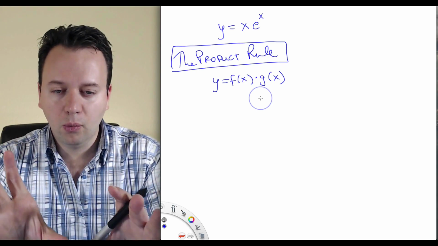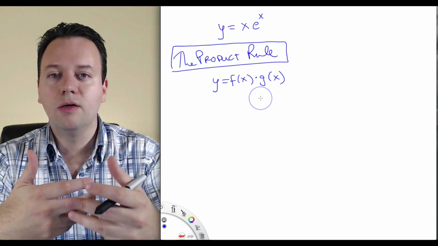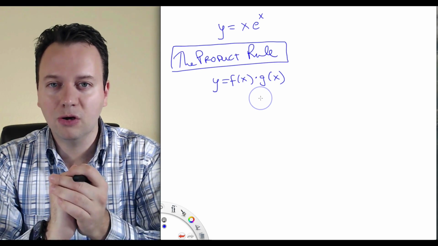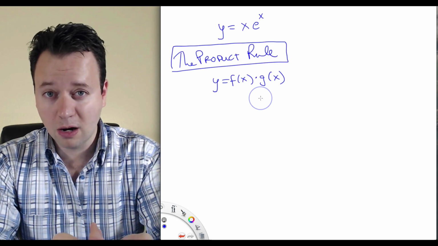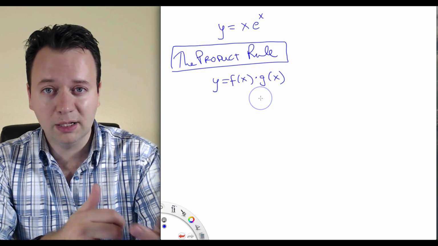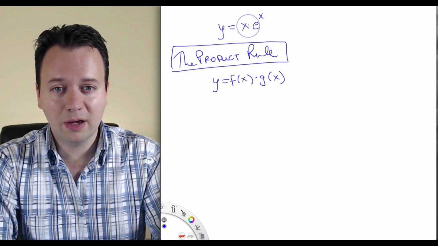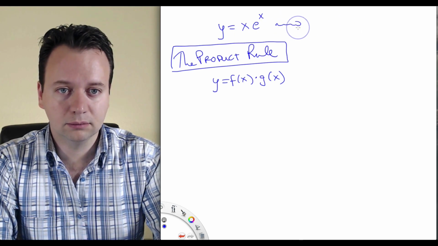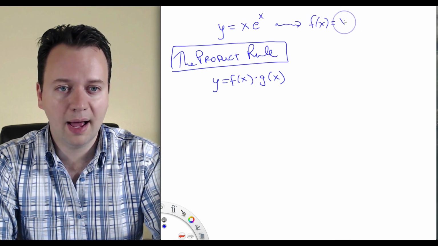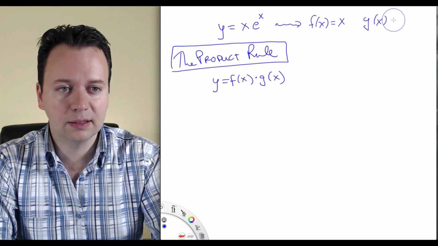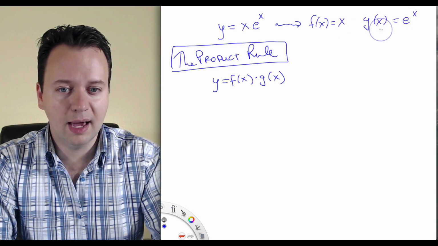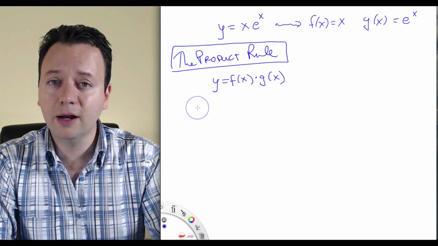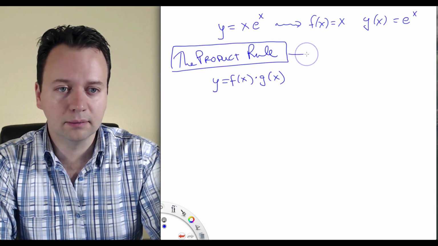But whatever f and g are, they're both functions that we can compute with the techniques that we already know. Maybe the chain rule, maybe not the chain rule. This example here, f of x would just be x. So f of x we would just call x, and then g of x we would just call e to the x.